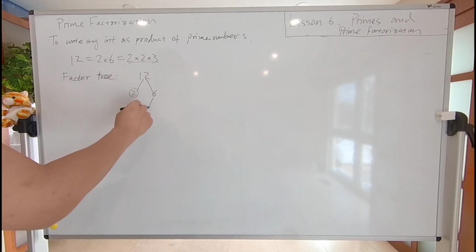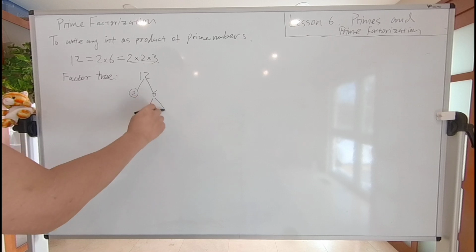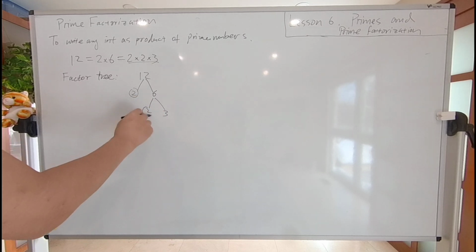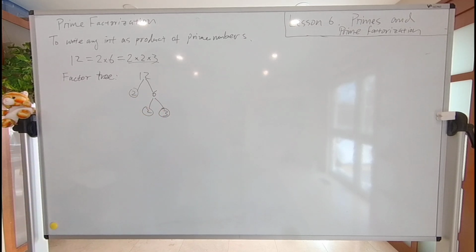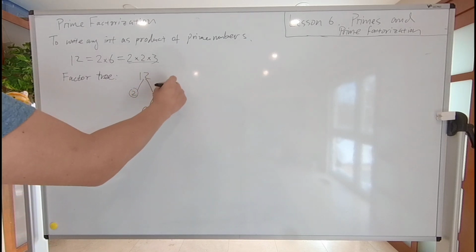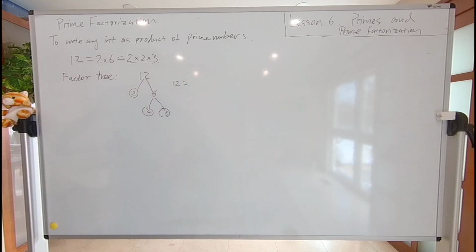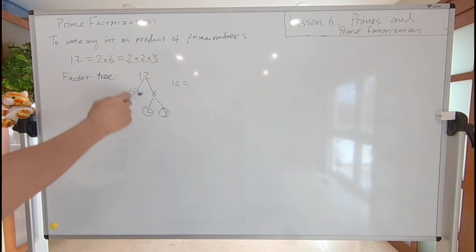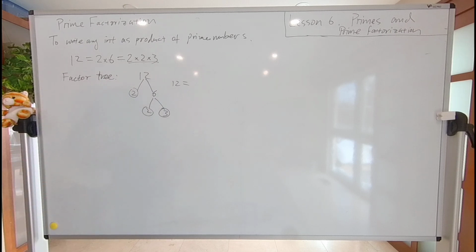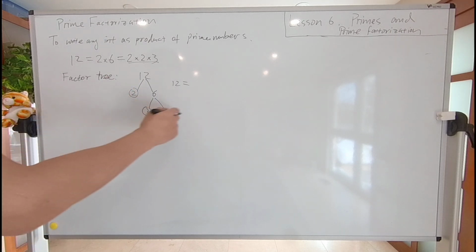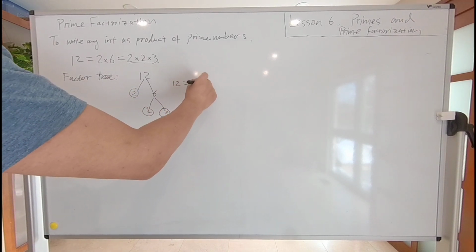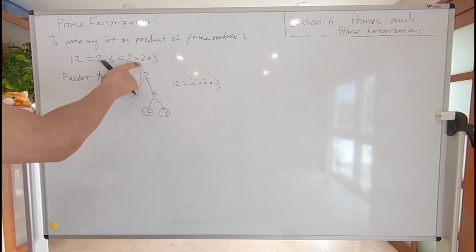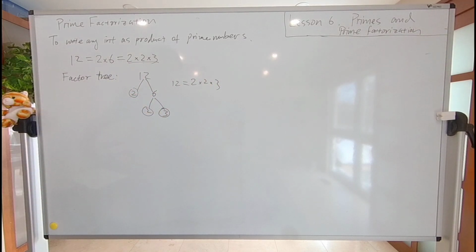So 6 is in fact 2 times 3, and both 2 and 3 are prime numbers with no further breakdown, so I can stop here. Then I will only write the numbers that I have circled, because those are the terminal numbers, the numbers by the end.